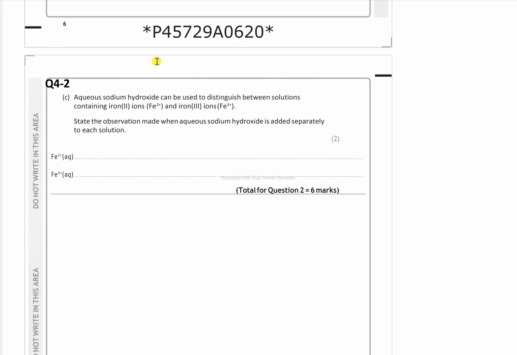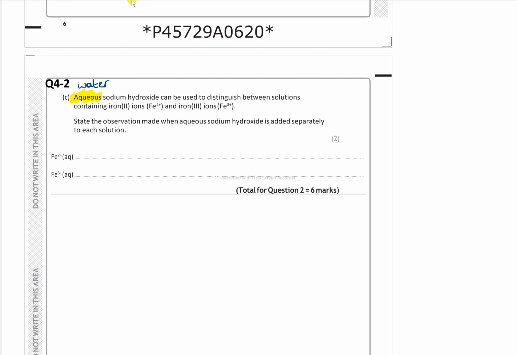Aqueous sodium hydroxide. Whenever you see the word aqueous, you're going to think of water. So you add aqueous sodium hydroxide.